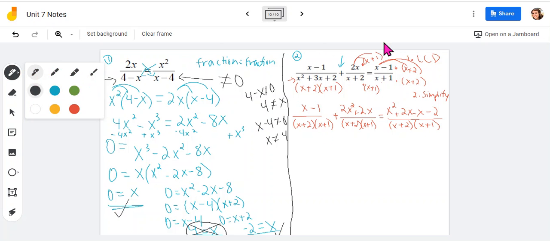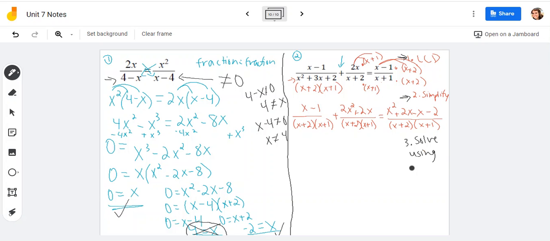Okay, so that was step 1, LCD. Step 2 is simplify. So now that we've got our lowest common denominator all the way across, for step 3, we can solve using the numerators. Because all these denominators are the same, we can just set the numerators equal to each other and it'll still hold the same value of the equation.